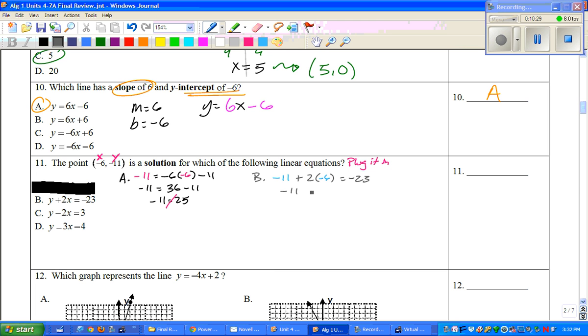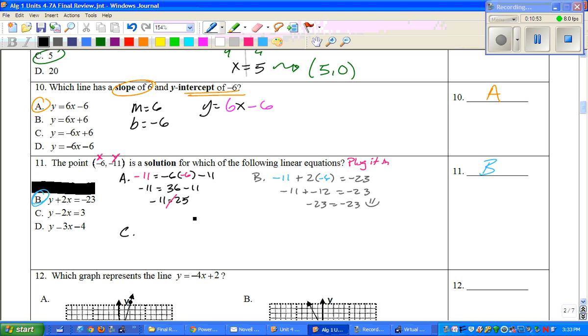So negative 11 plus negative 12 equals negative 23. Does negative 23 equal negative 23? Ding, ding, ding, ding, ding. Is your answer. Okay. Now, if you wanted to keep checking the other ones, you could.